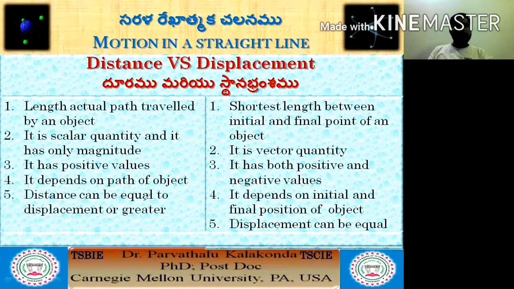Distance can be equal to displacement or greater; it shouldn't be less than the displacement, whereas displacement can be equal to distance or less. Is it clear?